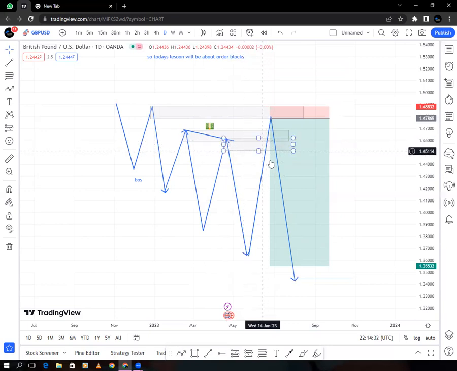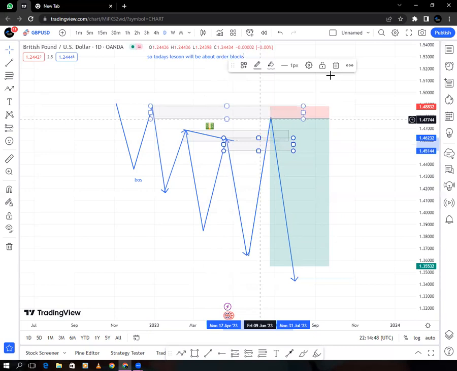A lot of traders don't understand how we normally trade these order blocks. They are so simple. In order to understand them, you need to know exactly what you are doing. That's how simple the market is.